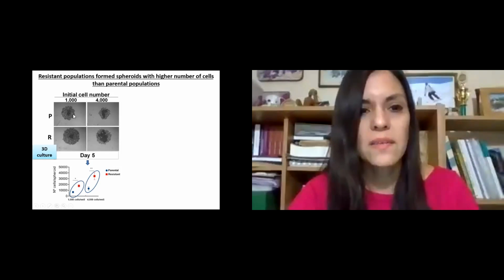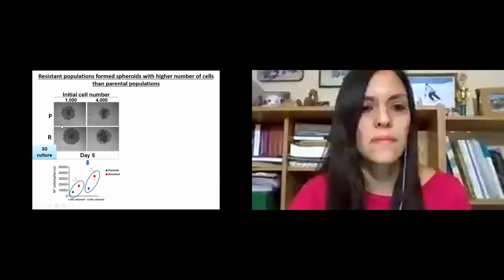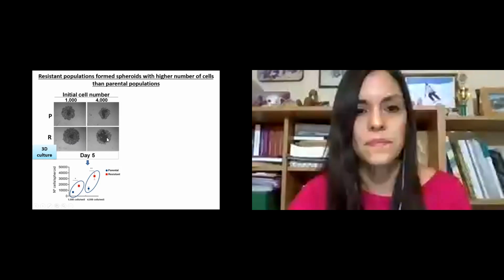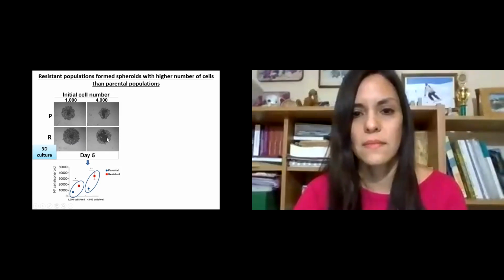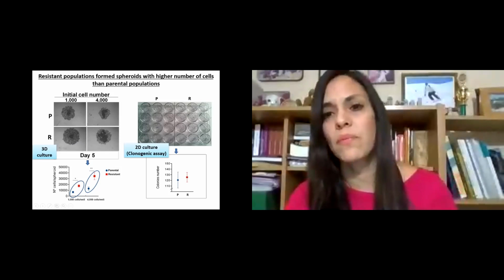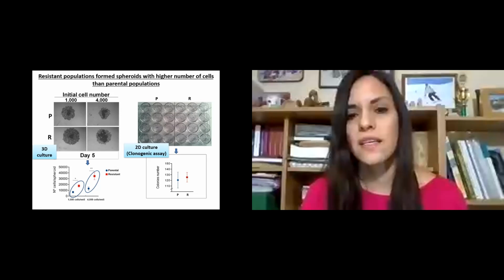And here are spheroids of parental cells, here are spheroids of resistant cells. Parental and resistant populations have equal clonogenic growth in 2D cultures.